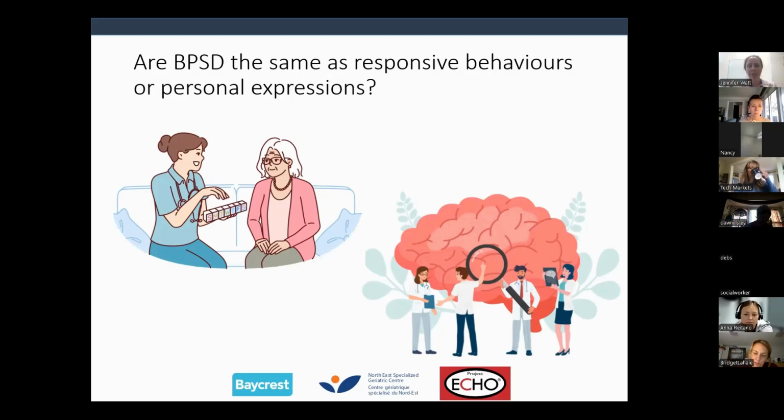And other people use more what we term the person-centered language, and this comes out of people using terms like responsive behaviors or personal expressions, really suggesting and supporting that notion that behavior and the feelings people are having are rooted in their needs and them trying to express something that they need from their environment and from their caregivers. And so we'll talk a little bit more about that over the next few slides.